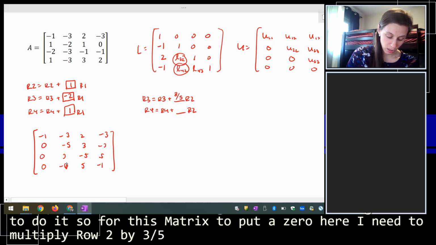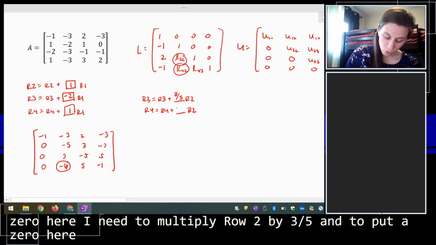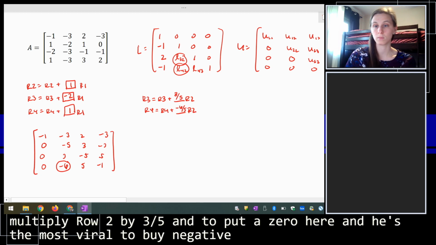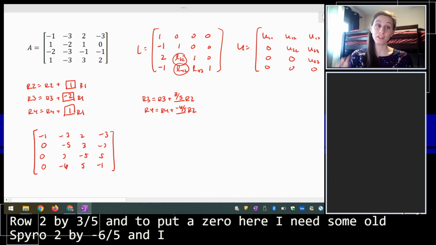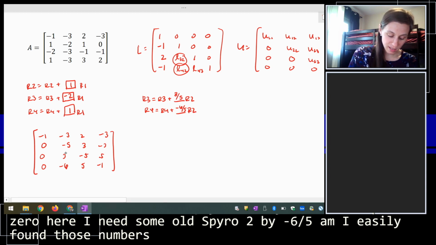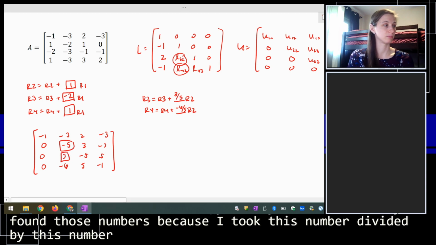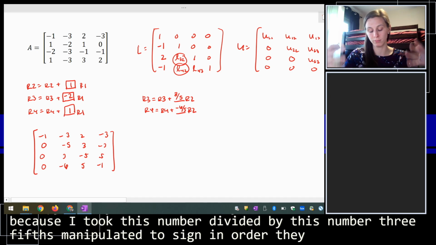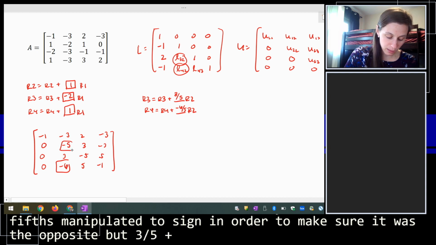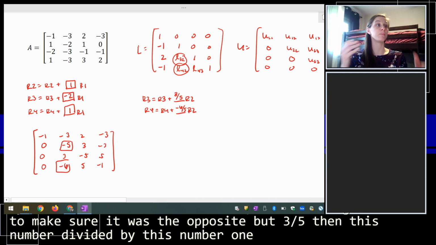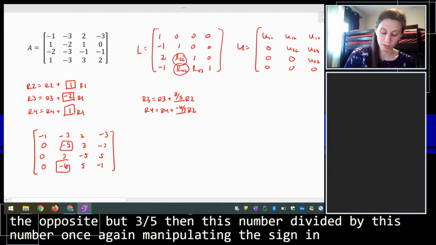And to put a 0 here, I need to multiply row 2 by -6/5. And I easily found those numbers because I took this number divided by this number, 3/5. I manipulated the sign in order to make sure it was the opposite. Then this number divided by this number, once again manipulating the sign in order to come up with my number.